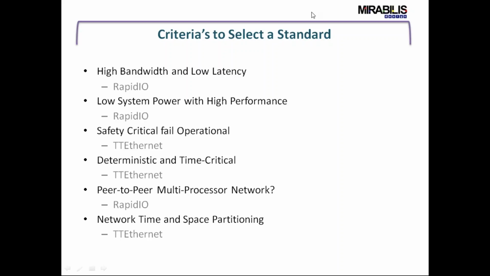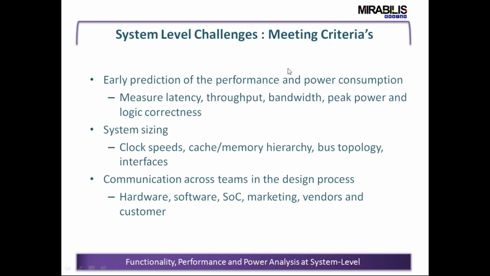So to achieve these characteristics, system level modeling and simulation plays a huge role, because it helps you to model your complete system architecture, including both hardware and software. And also it enables you to conduct a variety of explorations by changing your configurations, by changing the topology itself, or changing the subsystems, how you have connected them, or changing the way a particular node is interacting with another node.